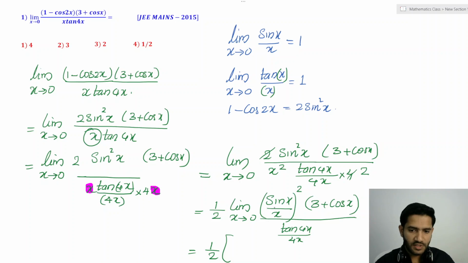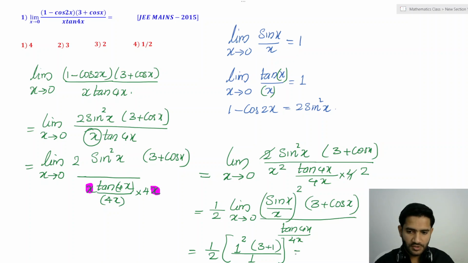Limit x tends to 0, sine x by x. We can use algebra of limits. Sine x by x is 1, so 1 square. In the bracket, 3 plus cos 0 is 1, divided by tan 4x by 4x. Limit x tends to 0, tan x by x equal to 1.